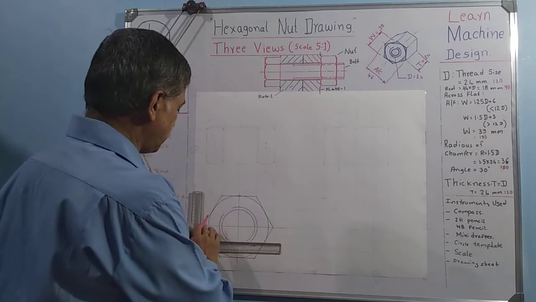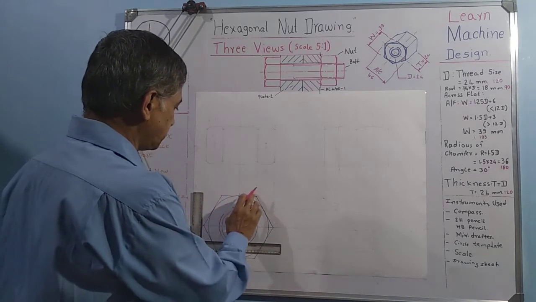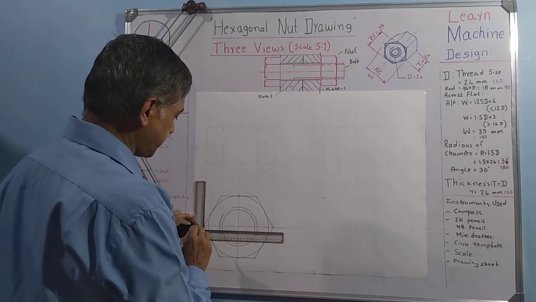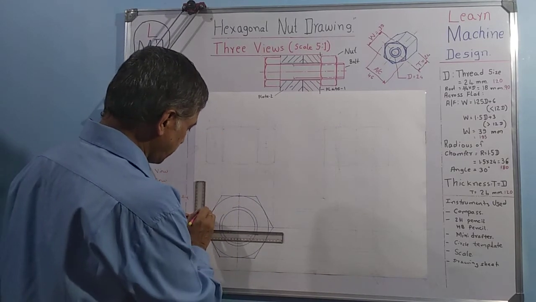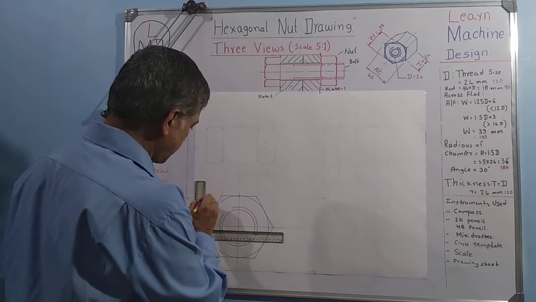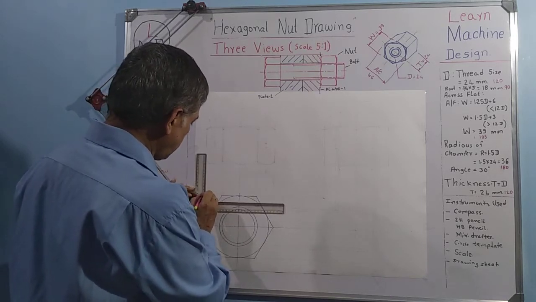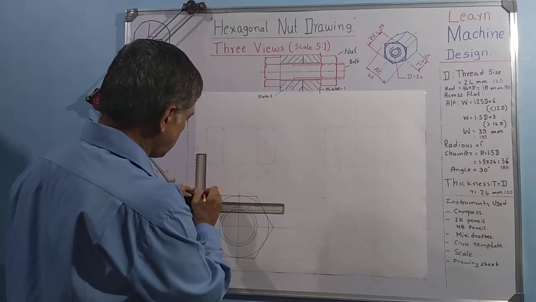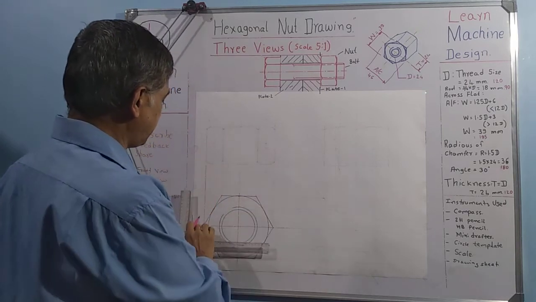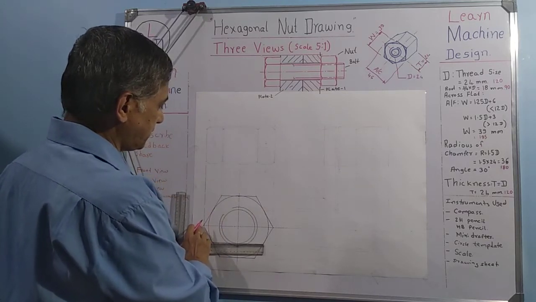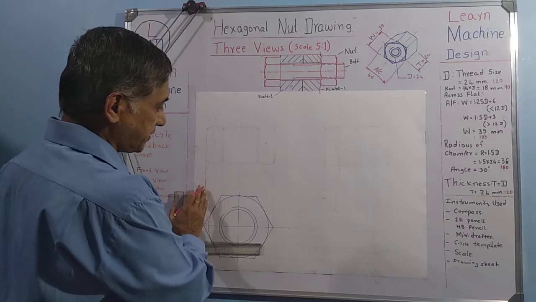Take this 1, 2, 3, 4 in the top side and project it. See, like this. One line is ready. This same line and this corner is at the end of the nut.